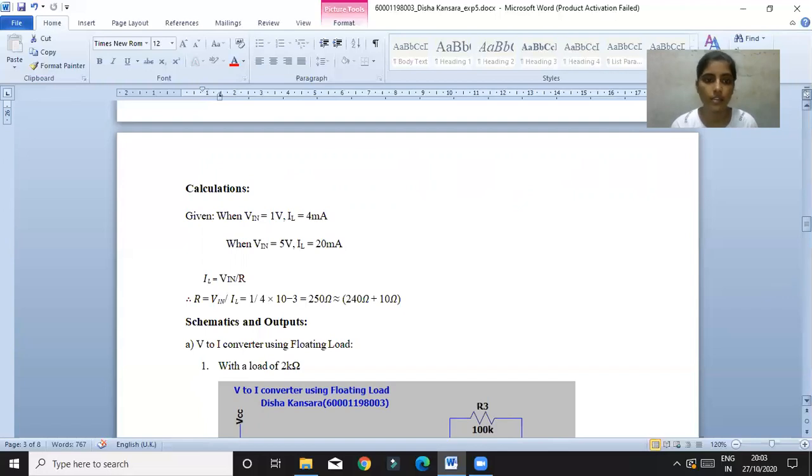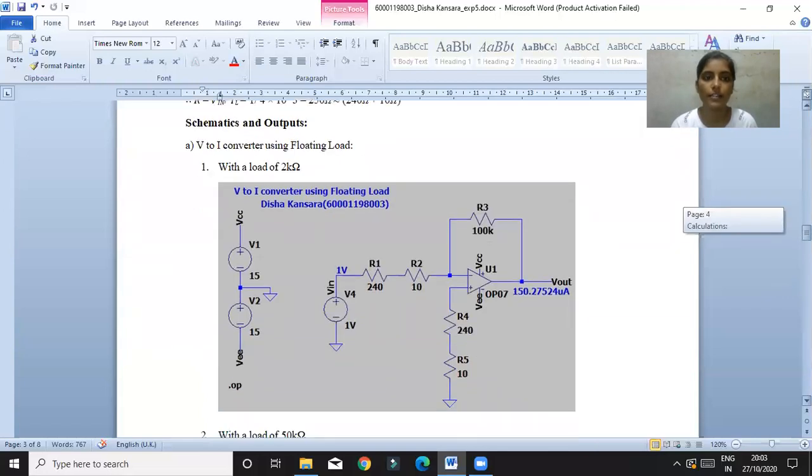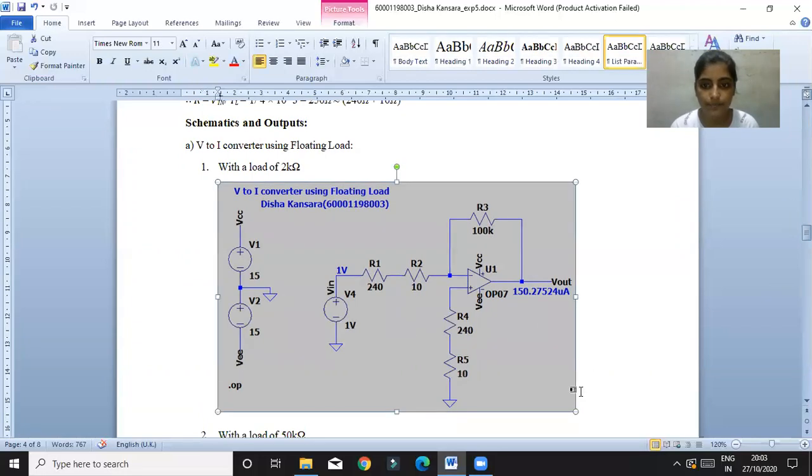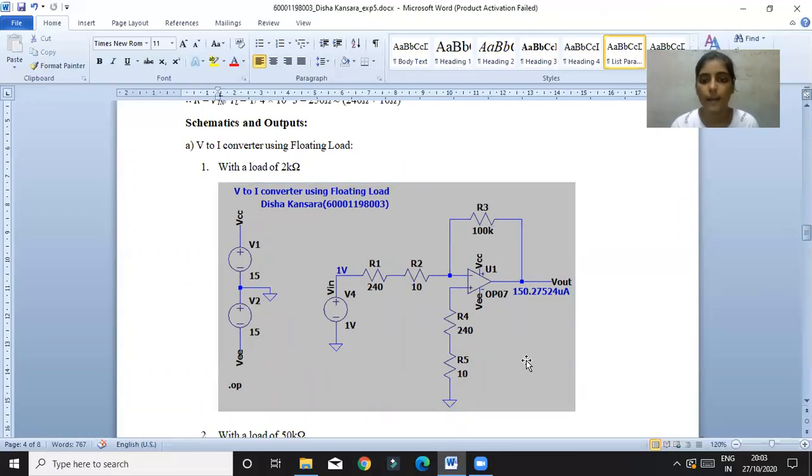First, I already made the schematic for the floating load V2I converter. This is my schematic. I used voltage sources for VCC and VEE of 15 volts, R3 is 100k, and R1 and R2 are 240 plus 10.